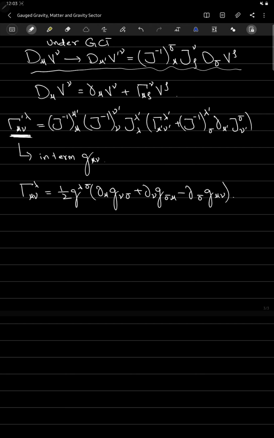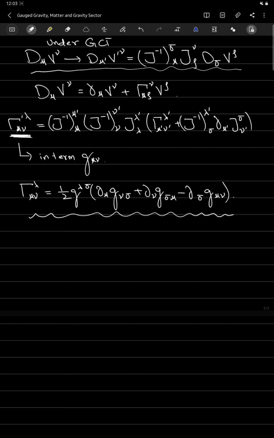And you can recall, if you have taken a course on general relativity, that this is how the Christoffel symbol or the Levi-Civita connection is described in general relativity as well, right?